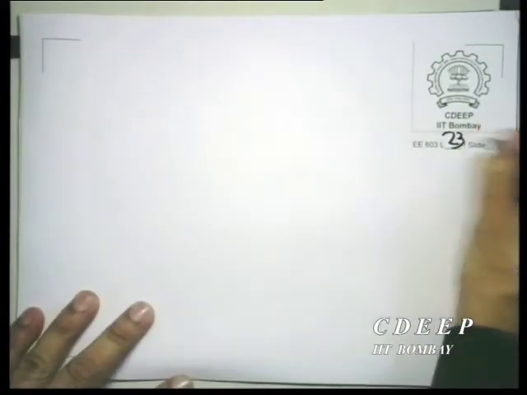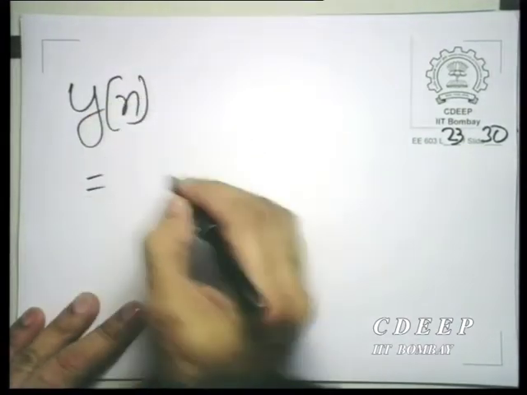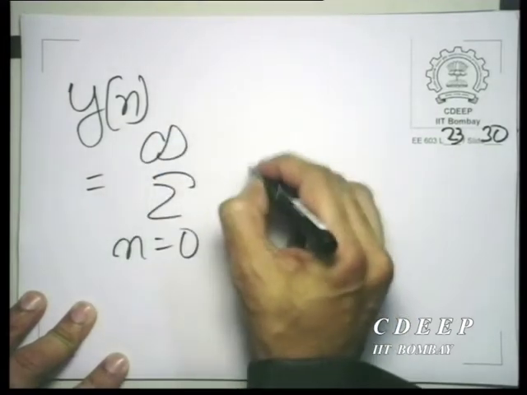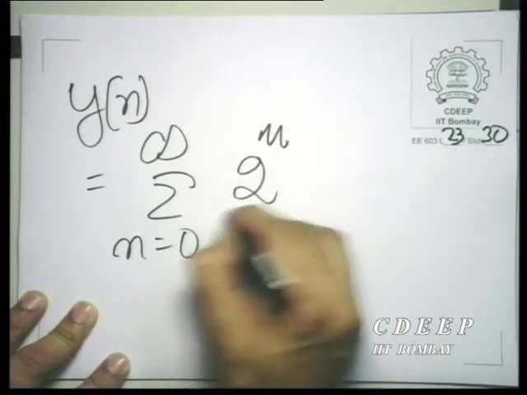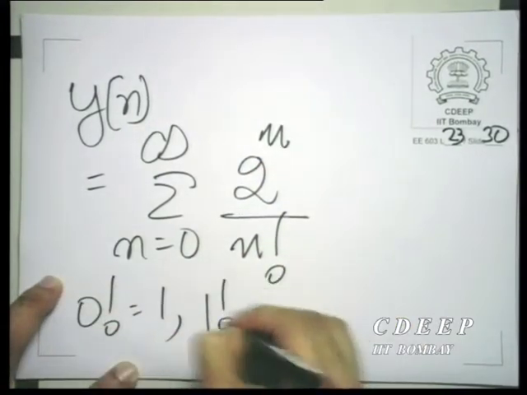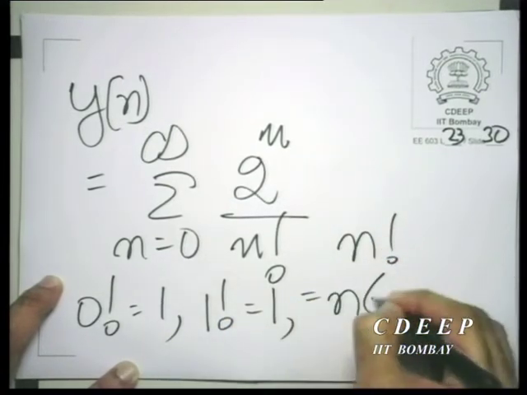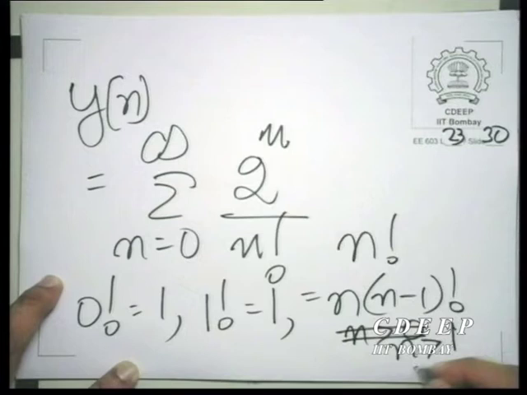That's very easy to do, and that gives you y[n] essentially as the summation over n from 0 to infinity of 2 raised to the power n by n factorial, where 0 factorial is 1, 1 factorial is 1, and n factorial is n into (n minus 1) factorial for n greater than 1.